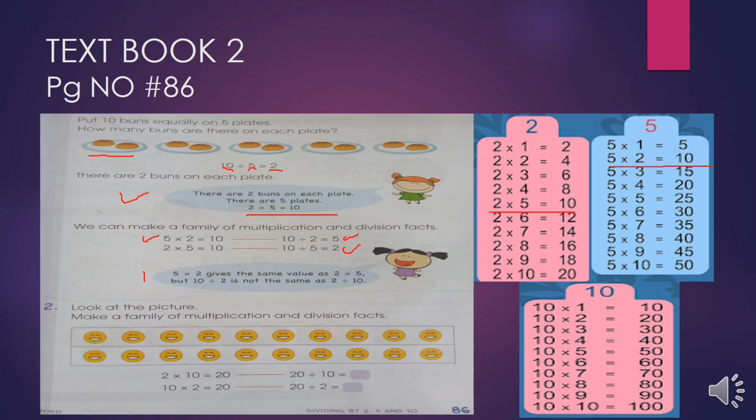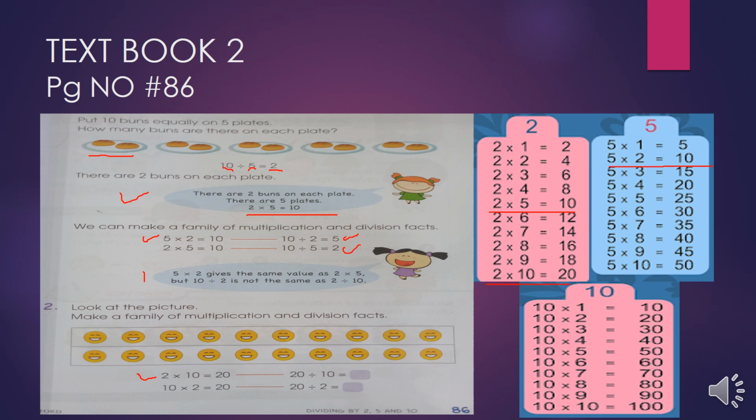You can count them. There are 2 groups, and in each group there are 10 smileys. So the first multiplication equation will be 2 multiplied by 10 is equal to 20. Can you see the table? How will we make this equation? 2 is the number of groups, and in each group there are 10, so the answer will be 20.